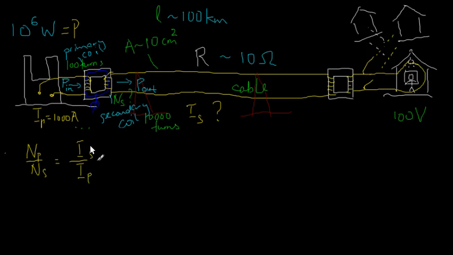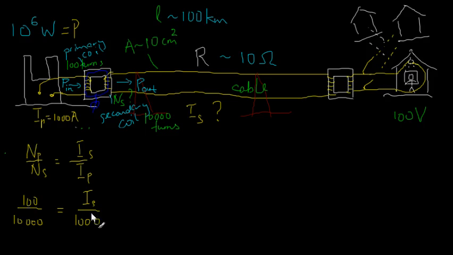And this is what we need to find, and we already know those values. So let's put in the numbers. NP is 100 turns, NS is 10,000 turns, IS is what I want to find, and IP is 1000 amperes.